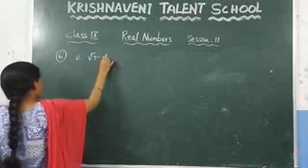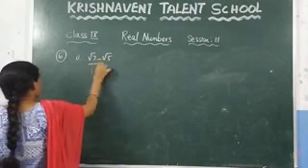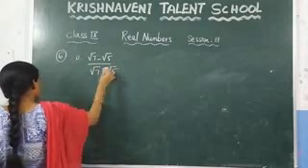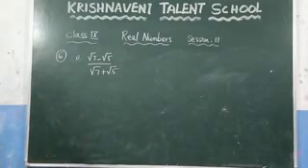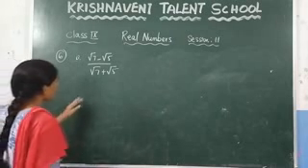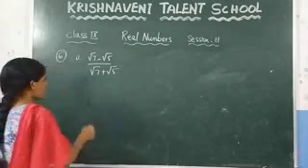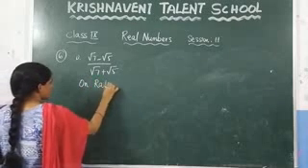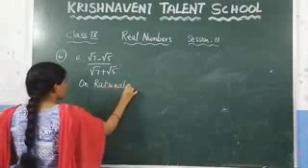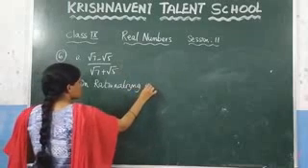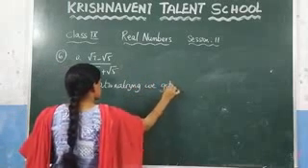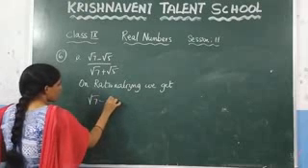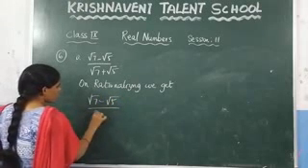Root 7 minus root 5 by root 7 plus root 5. Here in the denominator, which symbol is there? Plus is there. So you need to rationalize with minus. So here write: on rationalizing, we get root 7 minus root 5 by root 7 plus root 5.